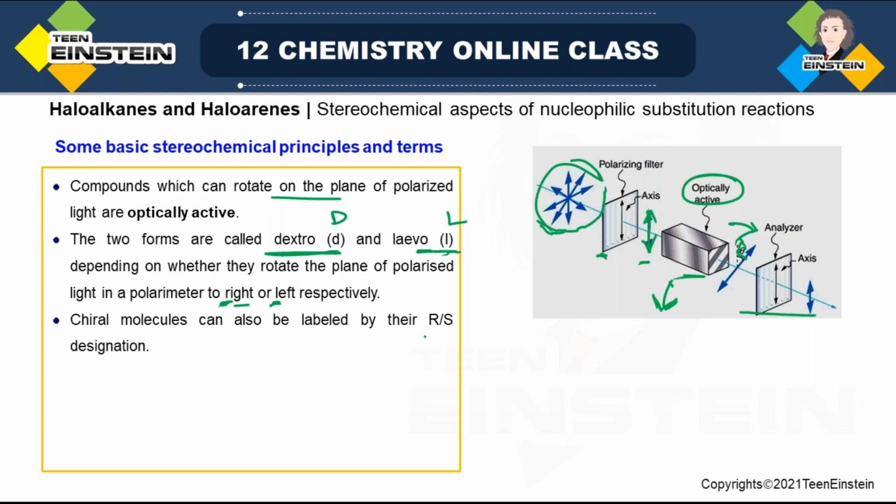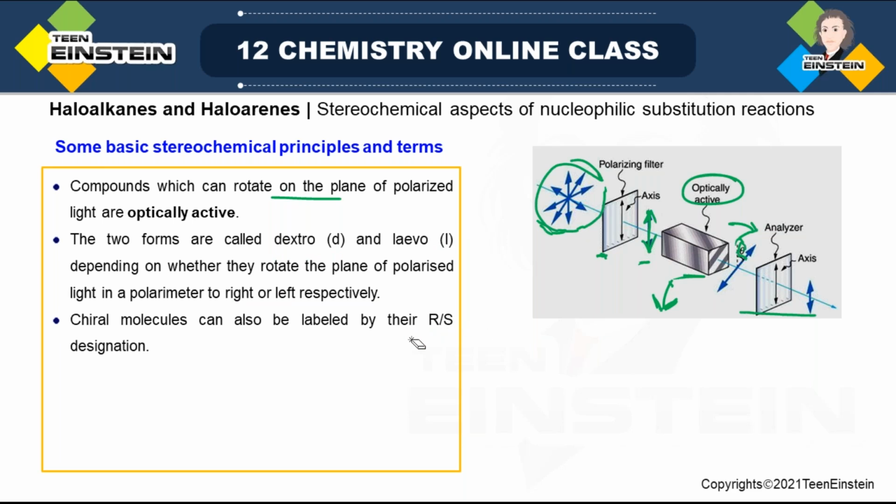And there is another notation that we can also use, and that is R and S. Again, I am saying the small d and small l have nothing to do with R and S. And I am erasing these two, otherwise it will create confusion.